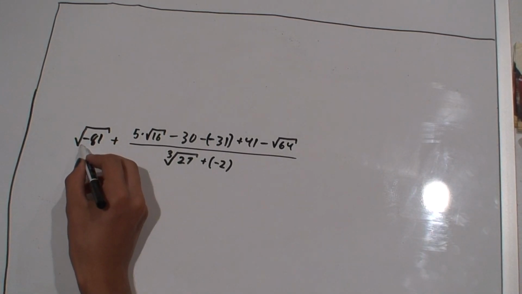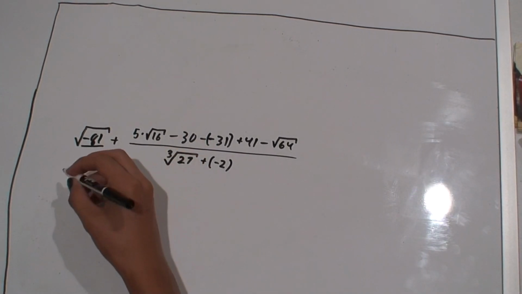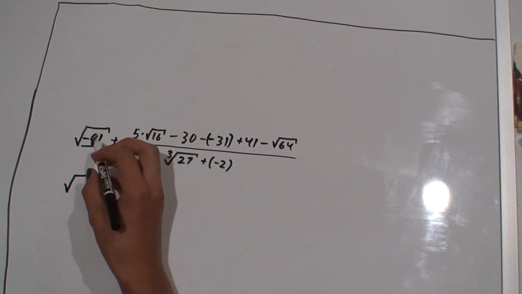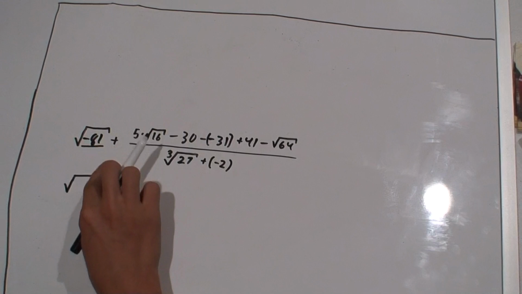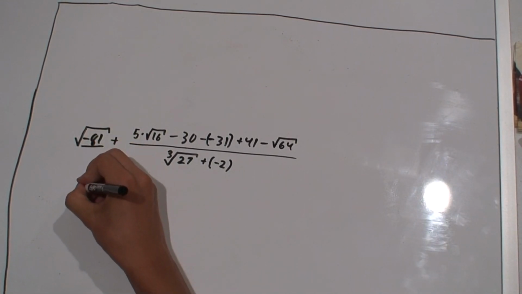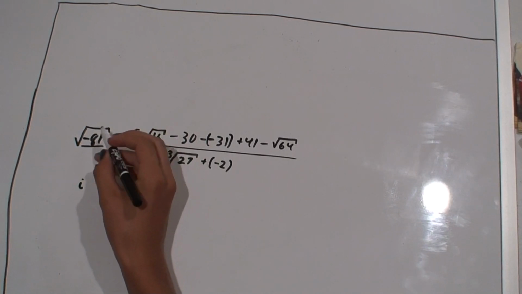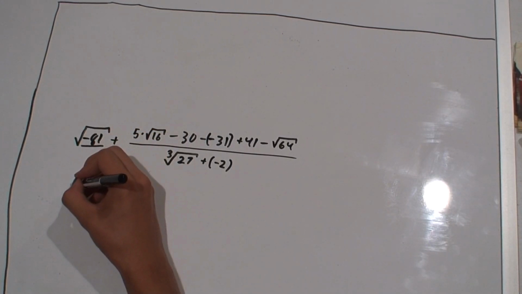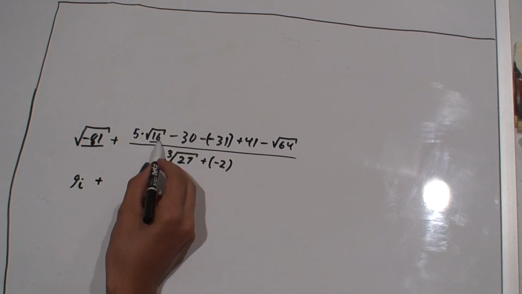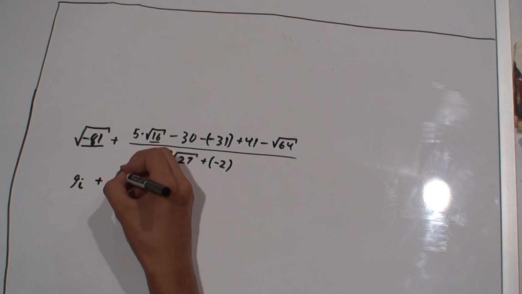So we know the square root of 81. Let's try that. So the square root of negative 81, it has a minus sign, so we can take the i out of it. And 81 is a perfect square. It is 9 times 9. So on the outside we have 9i. Plus, over here we can simplify the square root of 16. It is 4.